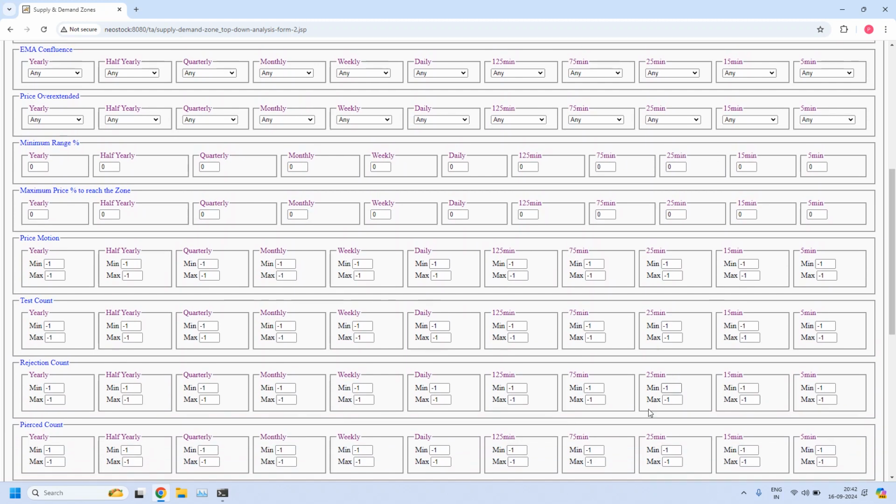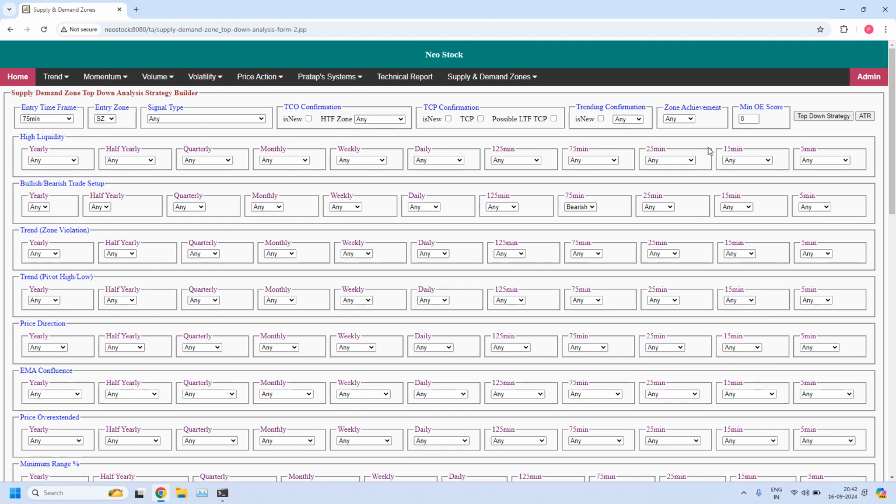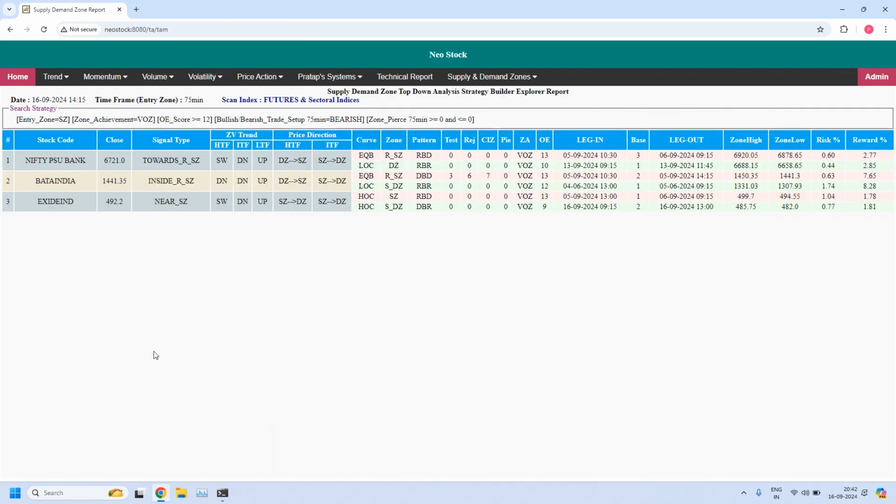In the pierced count, 75 minutes time frame, minimum value I am setting 0, maximum value I am setting 0. Zone achievement violated opposing zone, minimum odd enhancer score is 12. And let's verify. And all the 3 filters are applied to 75 minute supply zone. 3 stocks only filtered. Currently these 3 stocks are supporting bearish trade setup for weekly income trade.